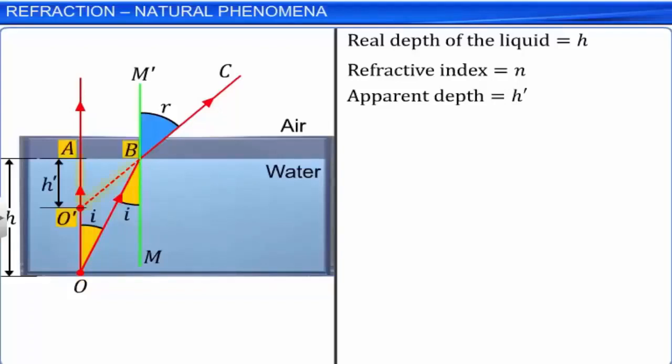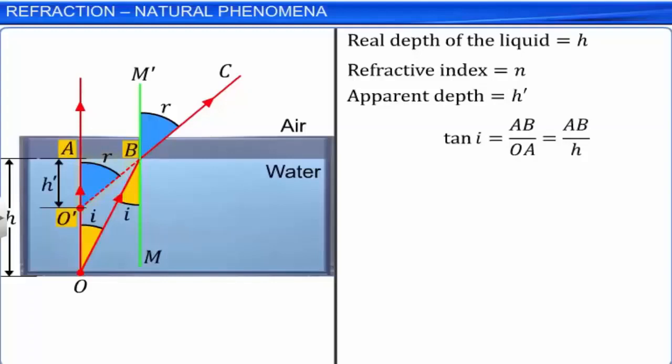Then from triangle OAB, tan i is equal to AB by OA, which is equal to AB by h. And from triangle O'AB, tan r is equal to AB by O'A and is equal to AB by h'.